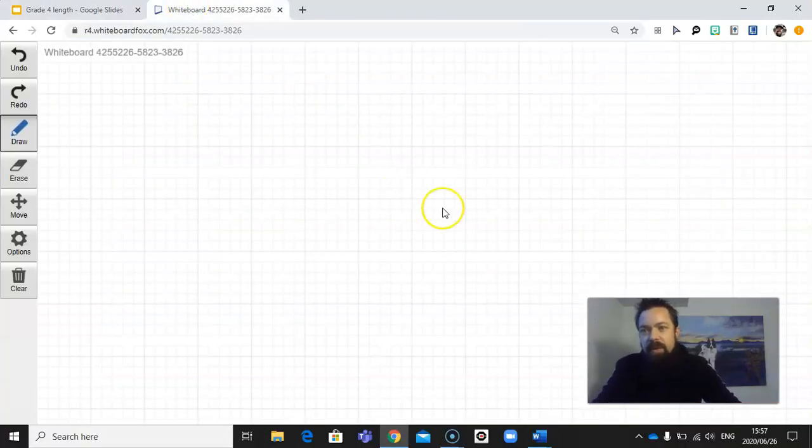Let's jump across to our whiteboard. So first up, take a moment, see if you can remember the order that they come. See if you've got your mnemonic. How did that little poem go?